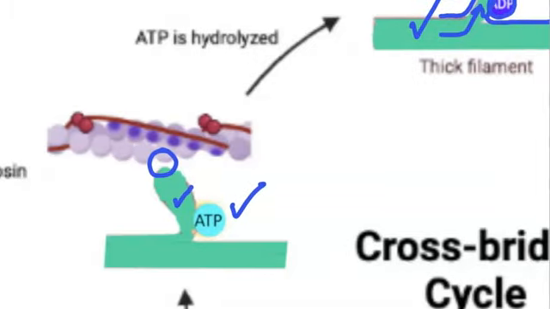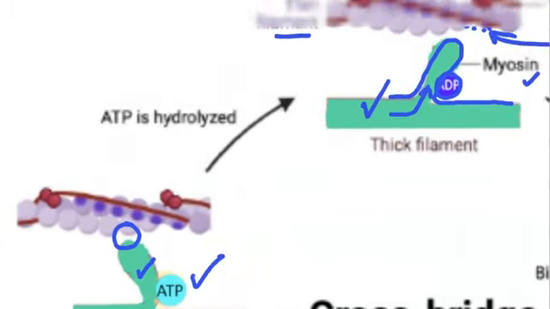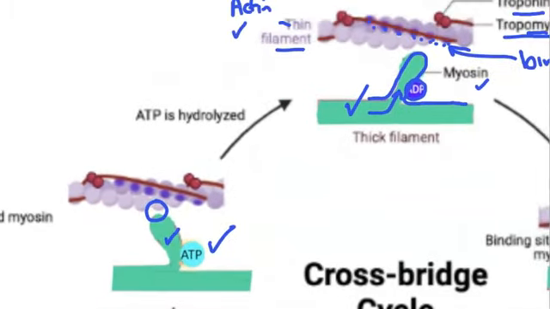then this brings us full cycle, and the hydrolysis of ATP is to bring about the repositioning of the myosin in its original position there.